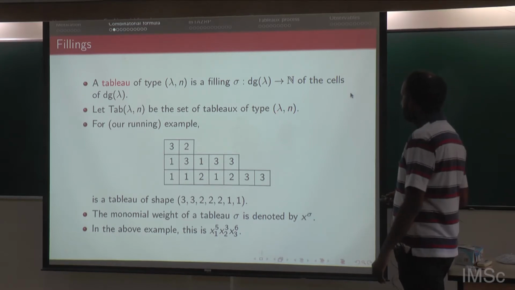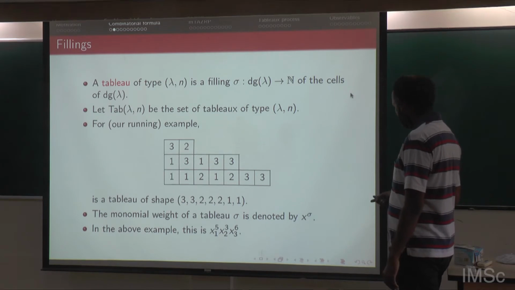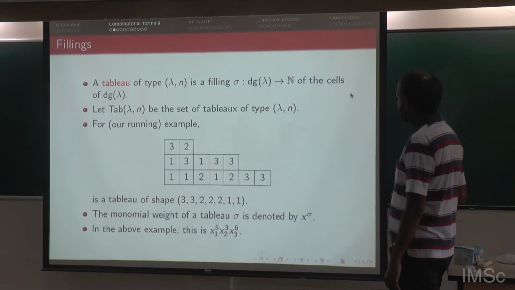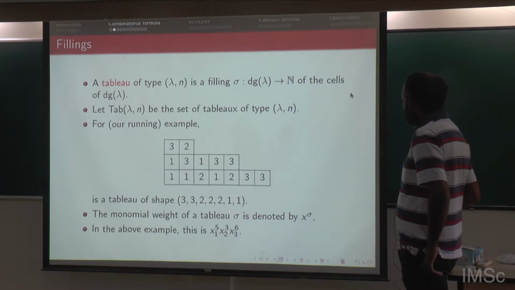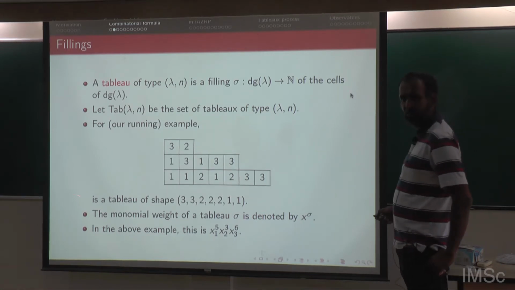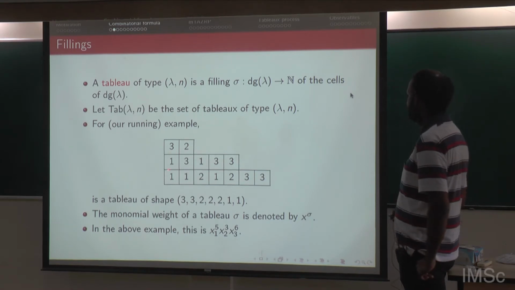And there's a typo here; there should not be an n. So in general, in a filling, you allow any positive integer. The monomial weight of a tableau is denoted x to the sigma. It's just x1 to the number of 1s, x2 to the number of 2s, and so on. So in this example, it's x1 to the 5, x2 to the 3, x3 to the 6.